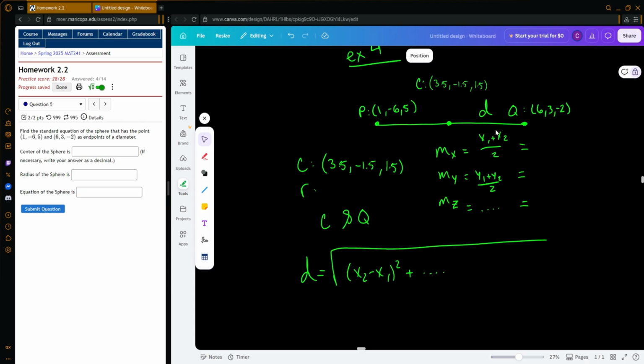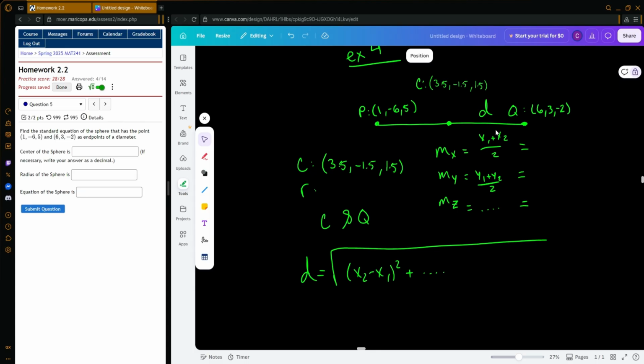Now we'll do 3 minus 1.5, so that'll be 4.5, so plus 4.5 squared. Negative 2 minus 1.5 is going to give us negative 3.5. Negative 3.5 squared. There we go.